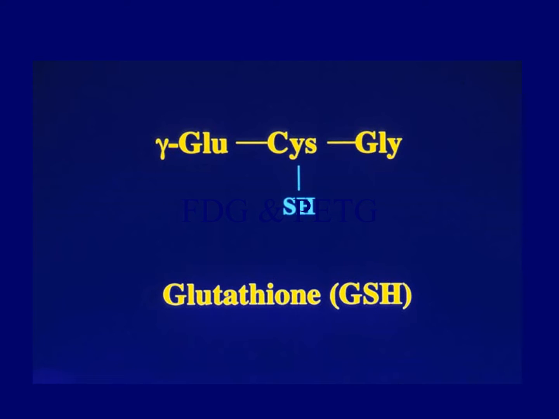Now, glutathione is another area in which we're very interested. I don't know why this slide looks so funny. The SH, it should be an SH of glutathione. It's a tripeptide. The level of glutathione goes down in AIDS in cells and in tissues.